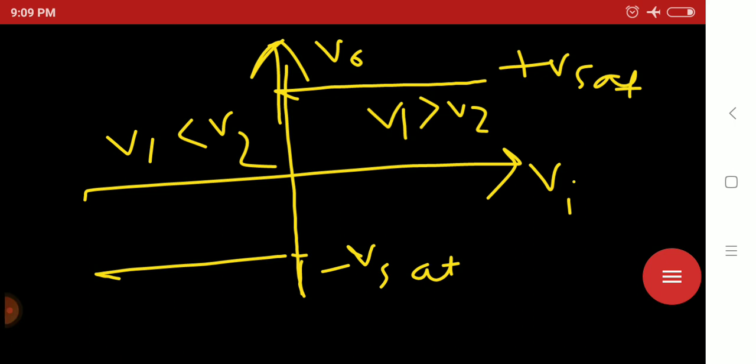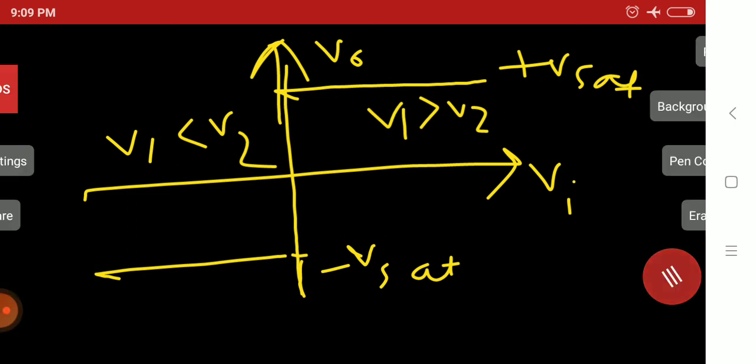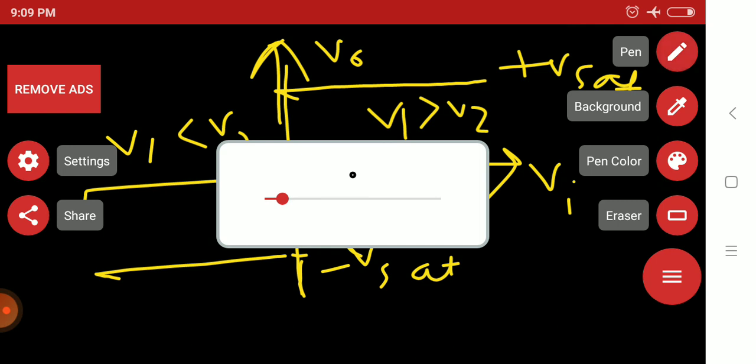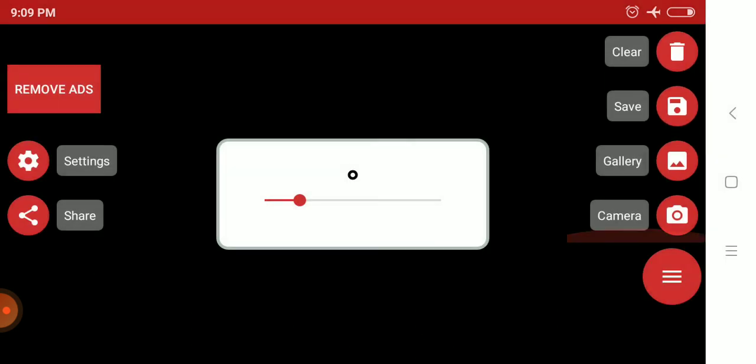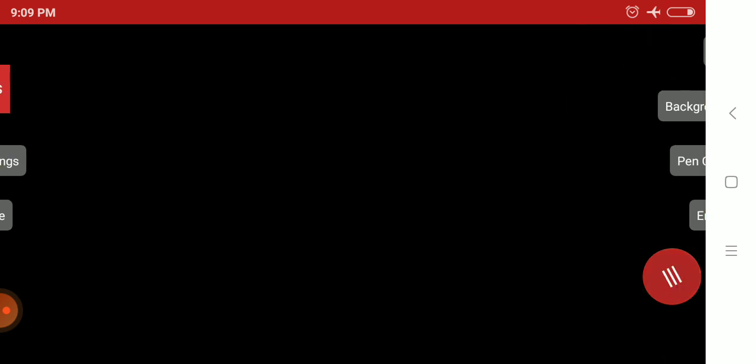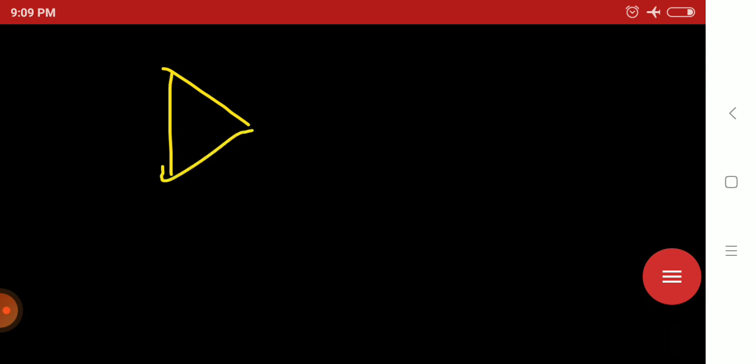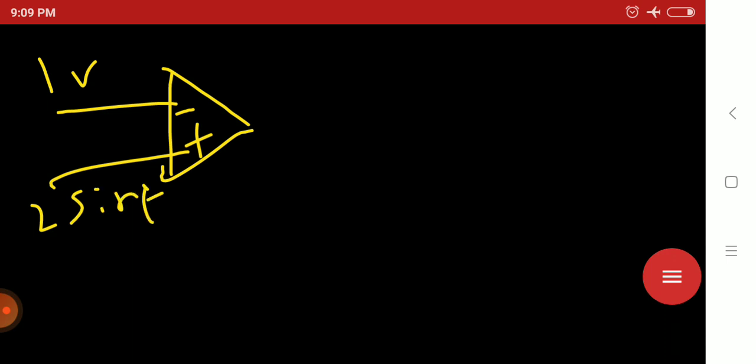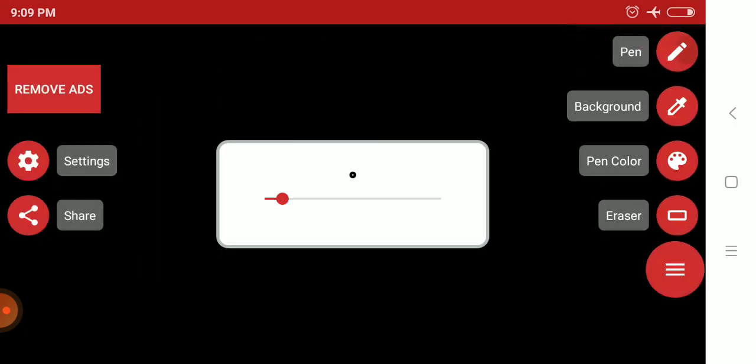If we do an example, you can be clear. Here it is an op-amp.